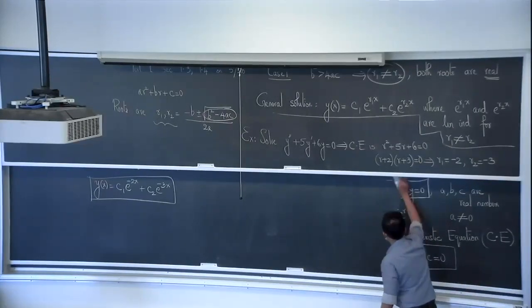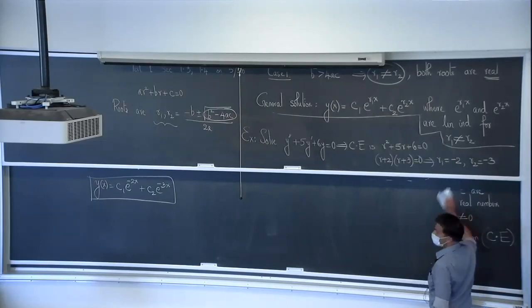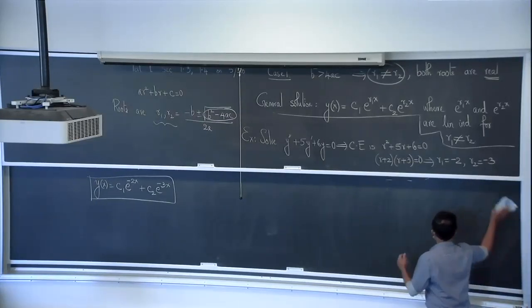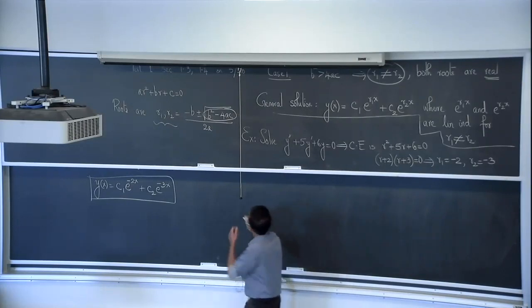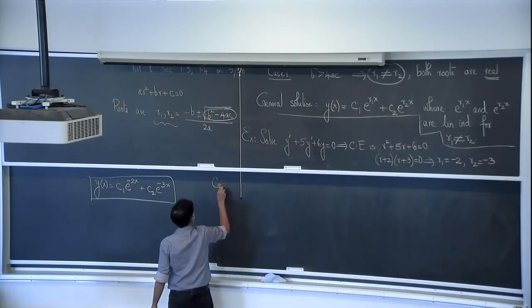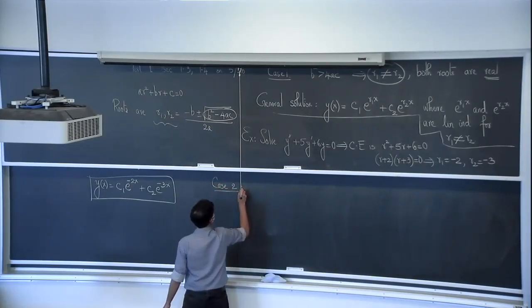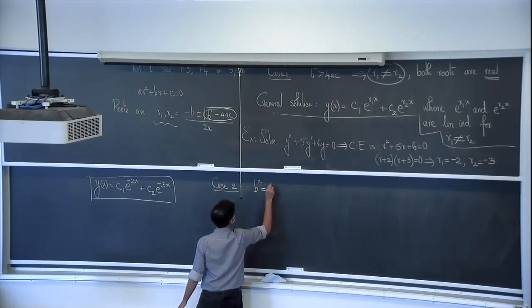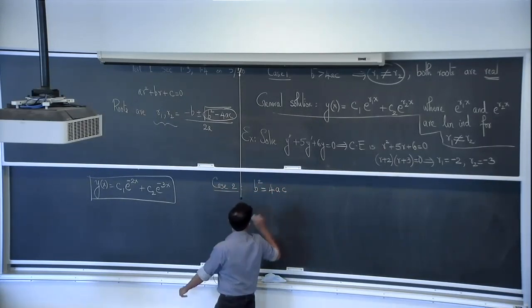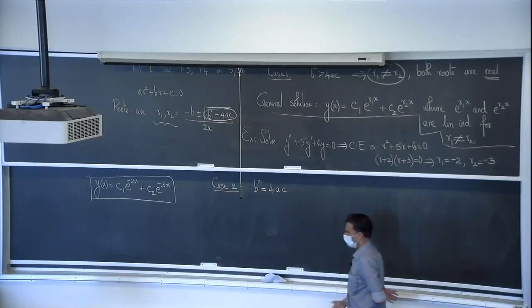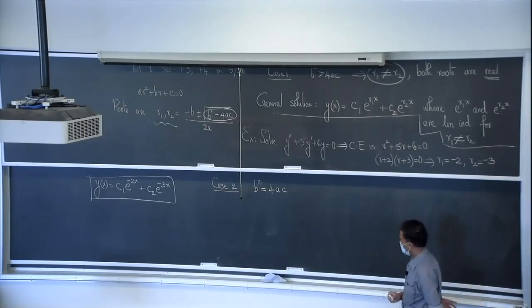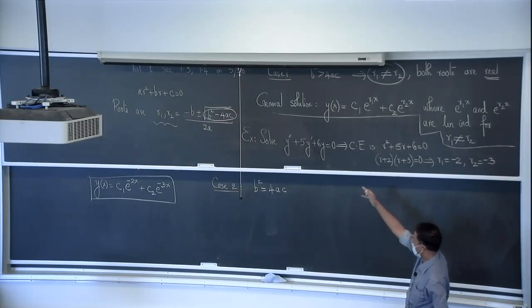Next, let's look at the case where r1 is equal to r2. So what happens if b square is equal to 4ac? Now you should be more careful, because right now the square root of whatever is inside becomes equal to 0.